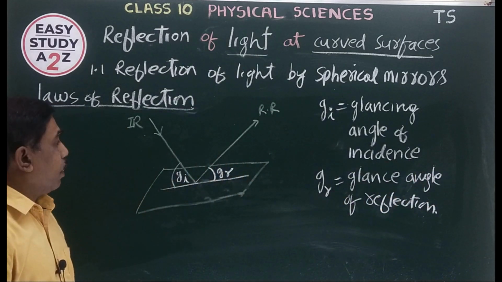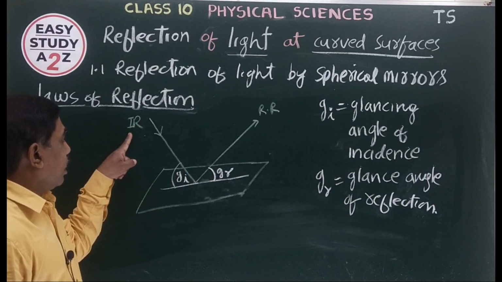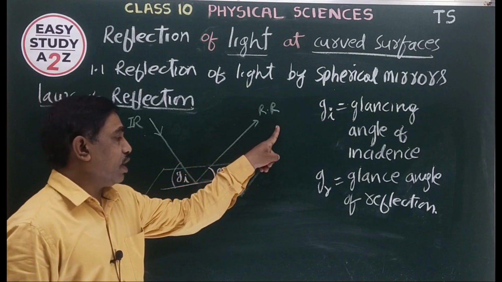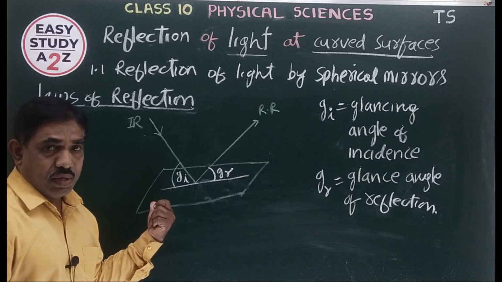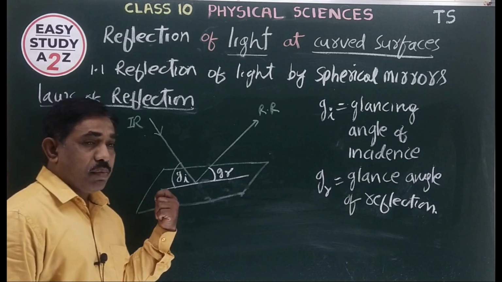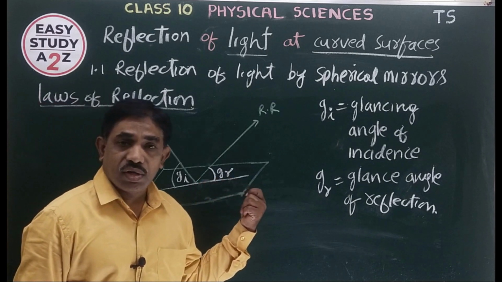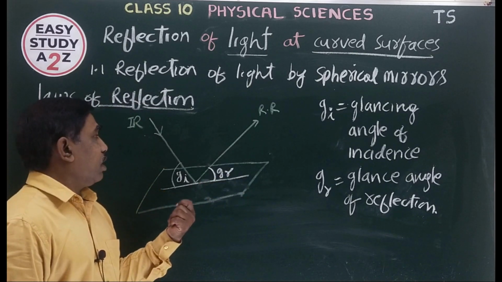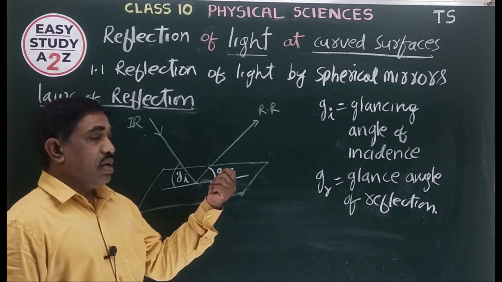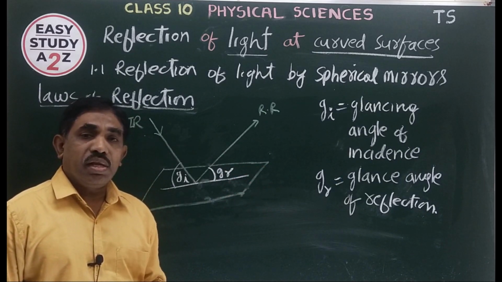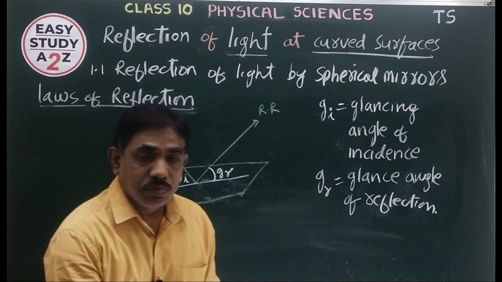Now see here. We have the incident ray, the reflected ray and the plane surface mirror. We cannot measure the angle of incidence and angle of reflection here. So in order to explain the angle of incidence and angle of reflection, we have to take one imaginary concept called normal.